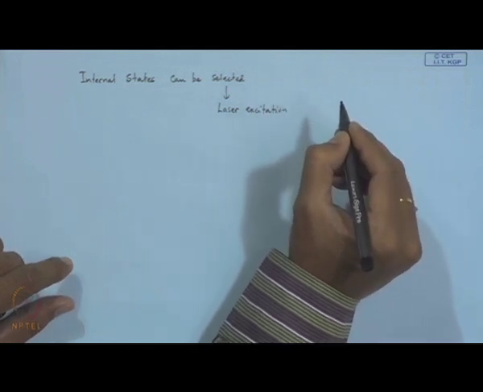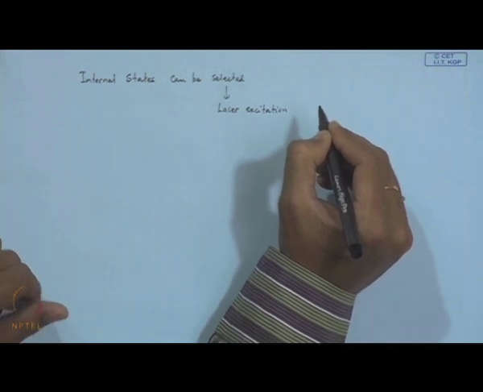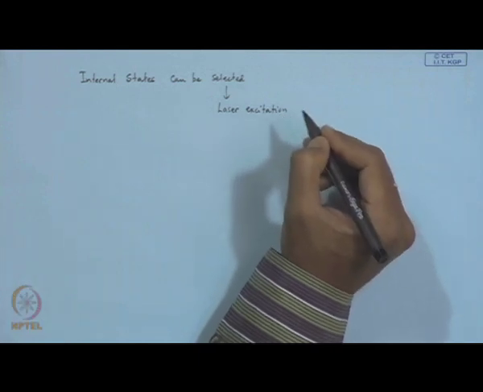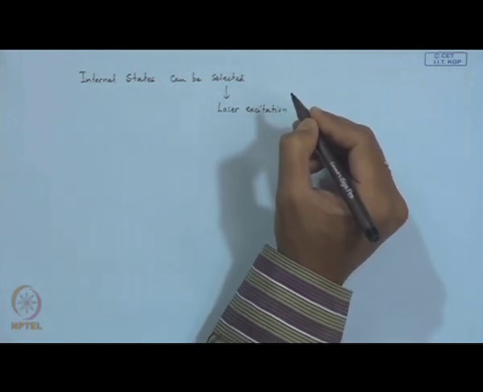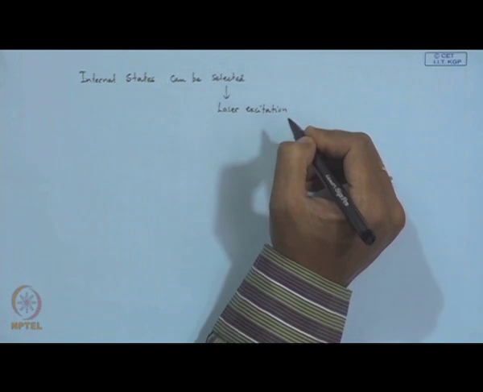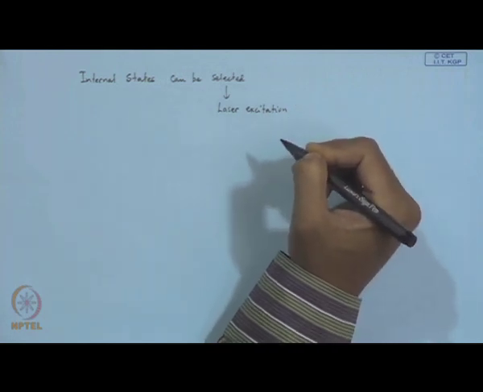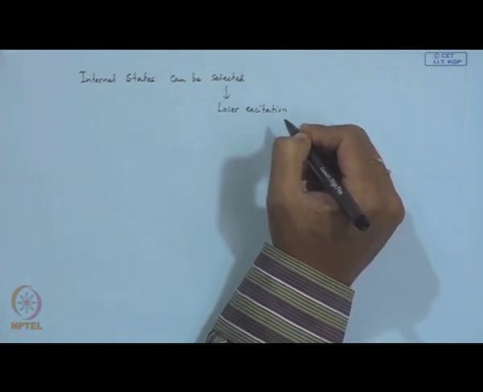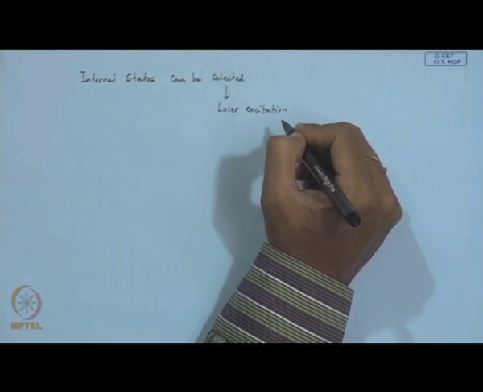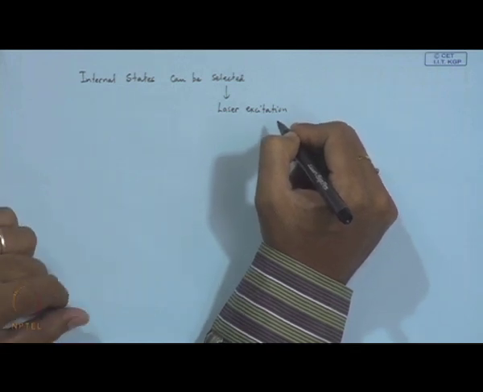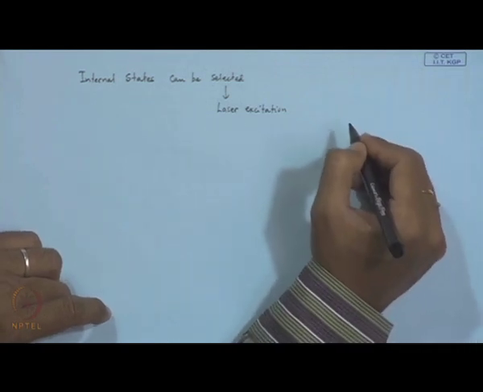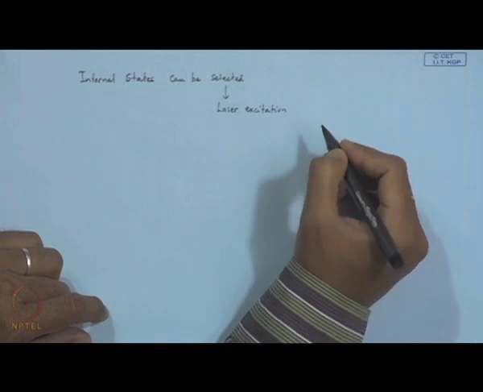A high number density, that is a high population density of the excited species, is sometimes difficult in cross molecular beam experiments. So although we can select, depending on laser intensity and frequency, it is possible that internal states can be selected by using laser excitation.